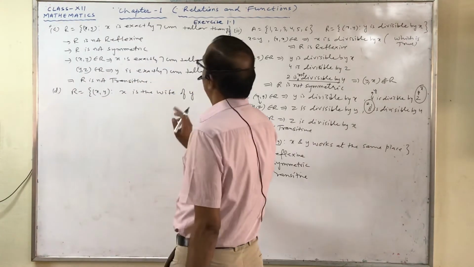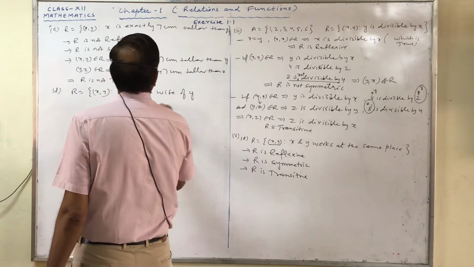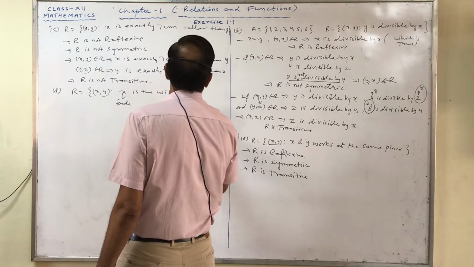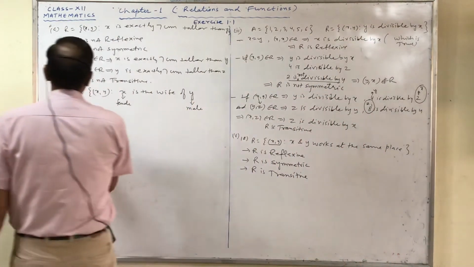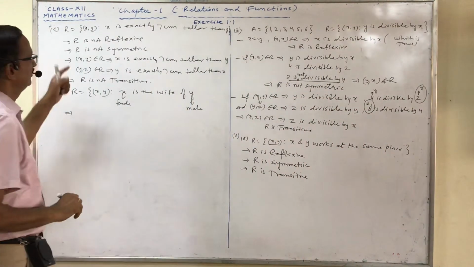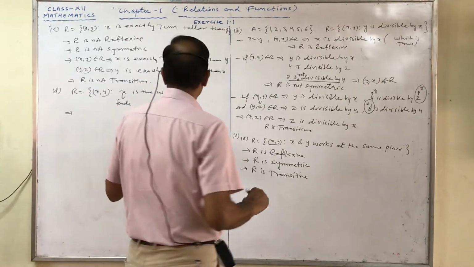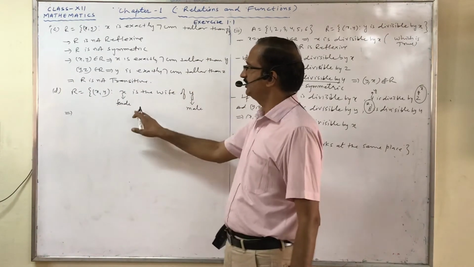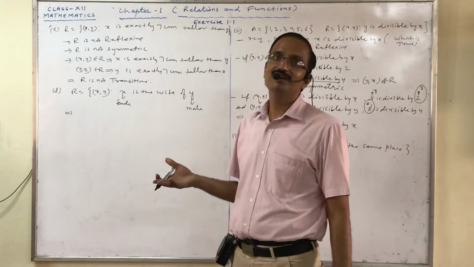So x is the wife. It means x is female and y is male. Okay? Now check reflexive. x is the wife of x. Is it possible that a female is the wife of a female? No, it is not possible. So R is not reflexive.